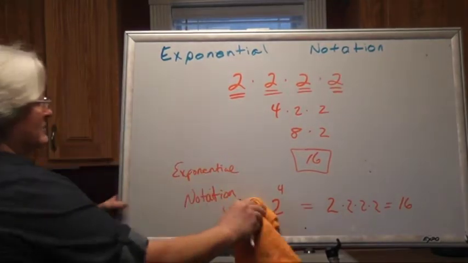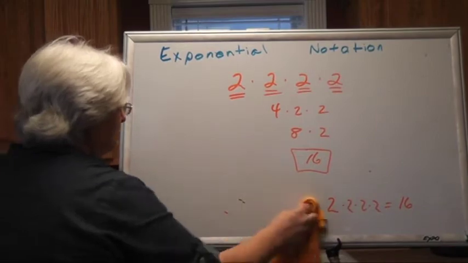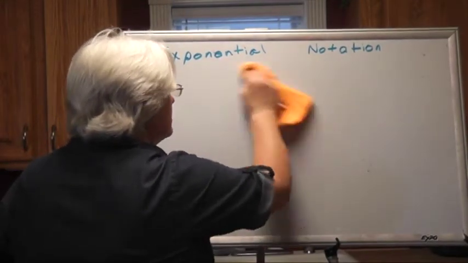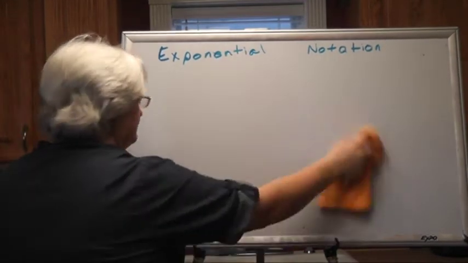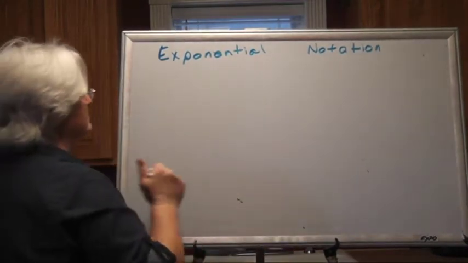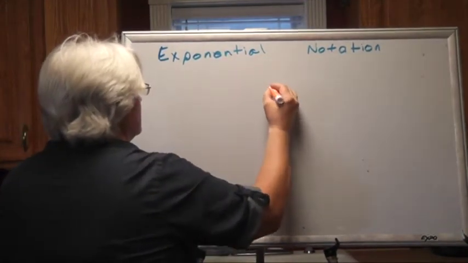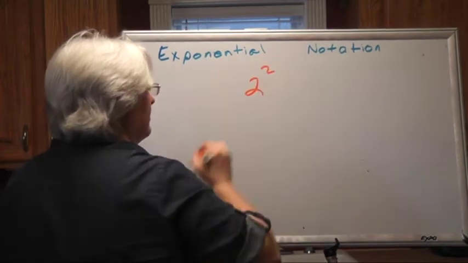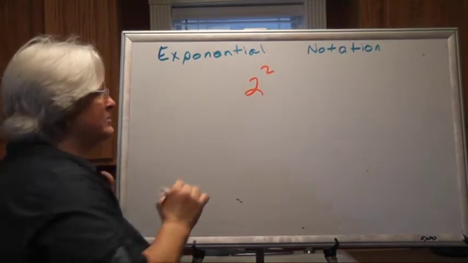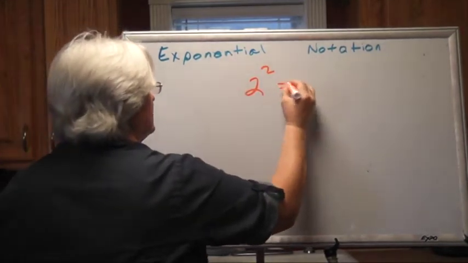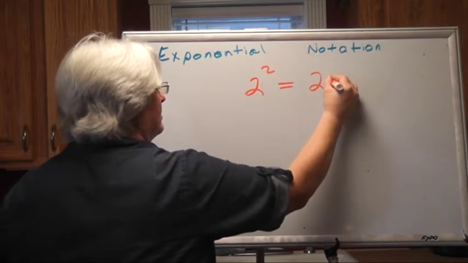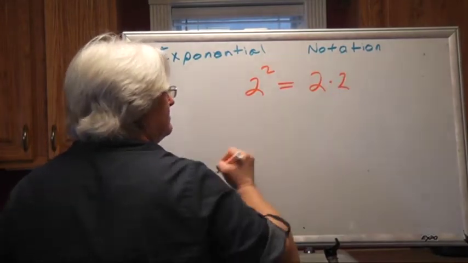So let's do a little bit of vocabulary with this exponential notation. We have 2 squared. Okay, that's 2 to the 2. What this says is use 2 as a factor 2 times.